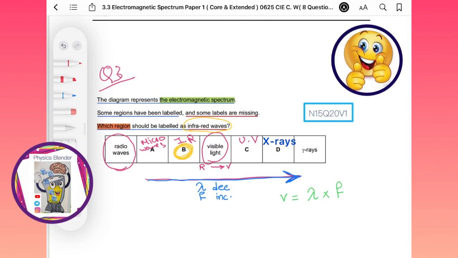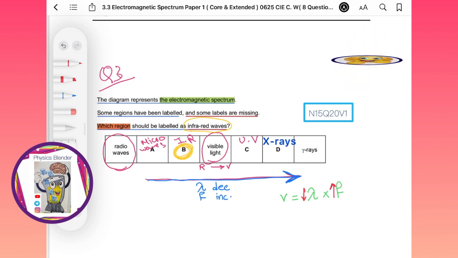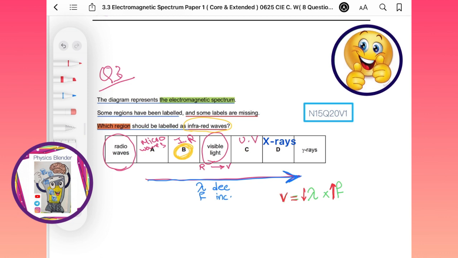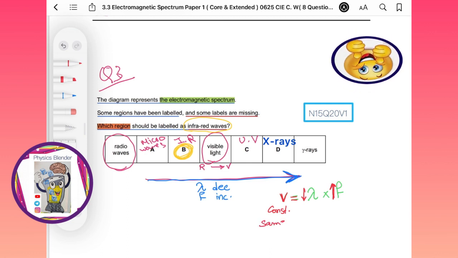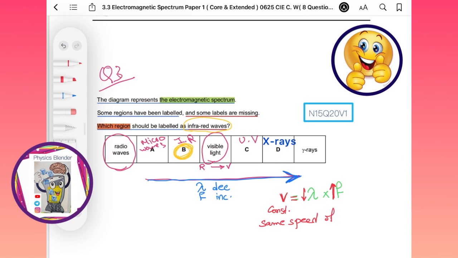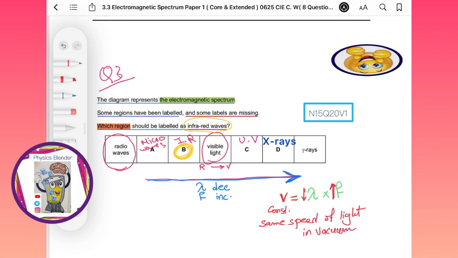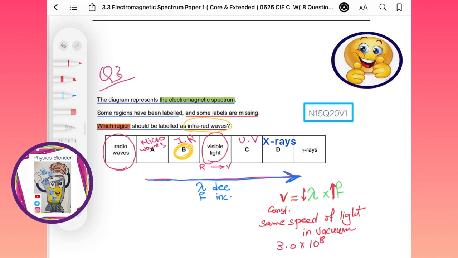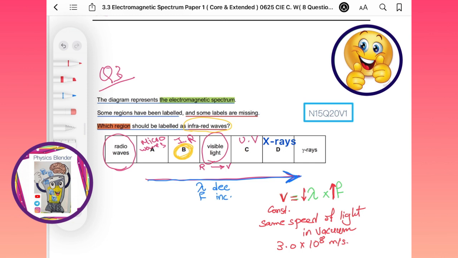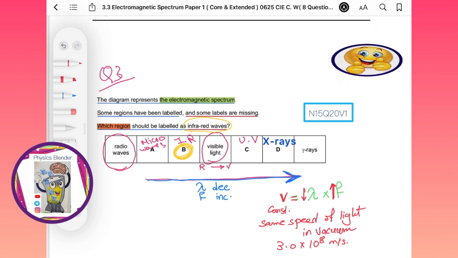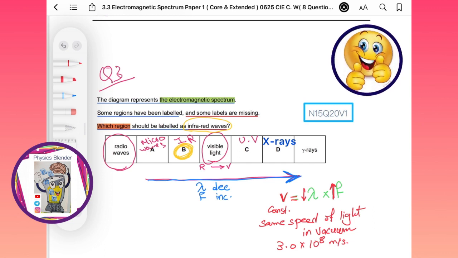So if the wavelength is decreasing, the frequency should be increasing, so the product will be the speed, which is constant, the same speed of light in vacuum, approximately 3 times 10 to the power of 8 meters per second. So this is one of the features that all members of electromagnetic waves have in common. All of them travel at the same speed of light in vacuum.